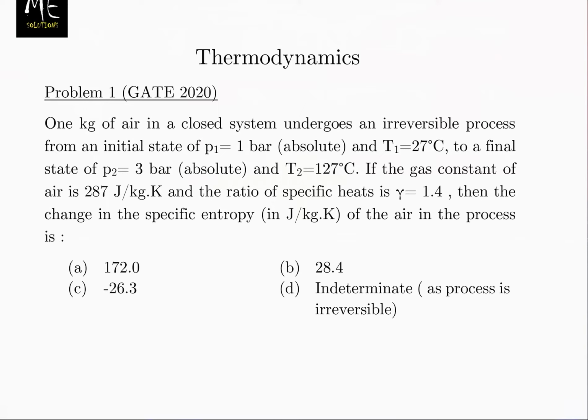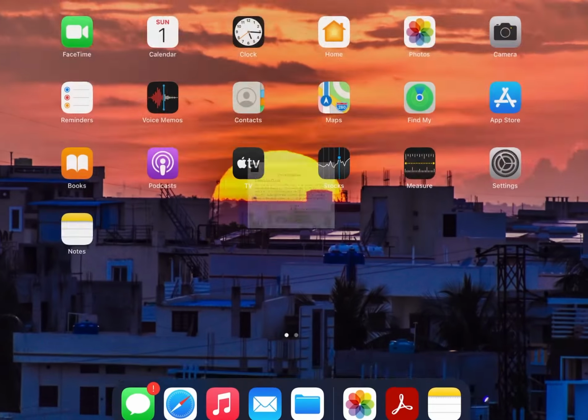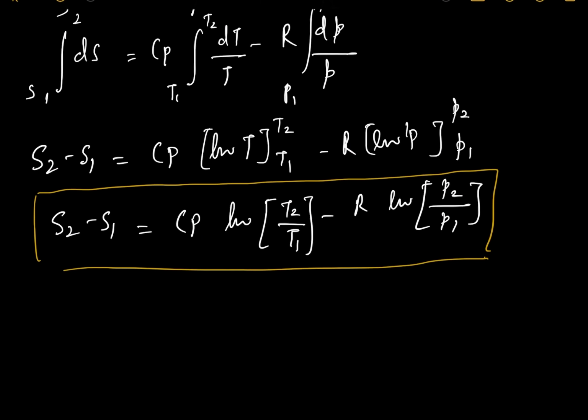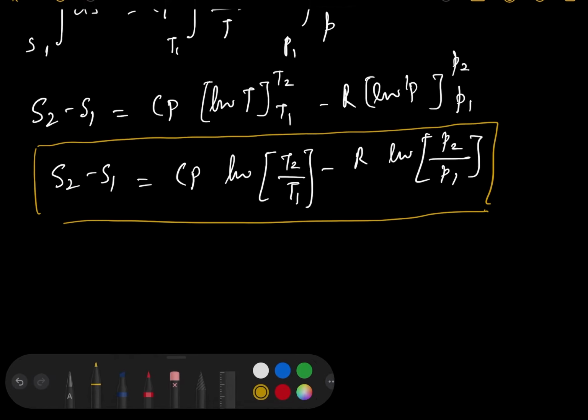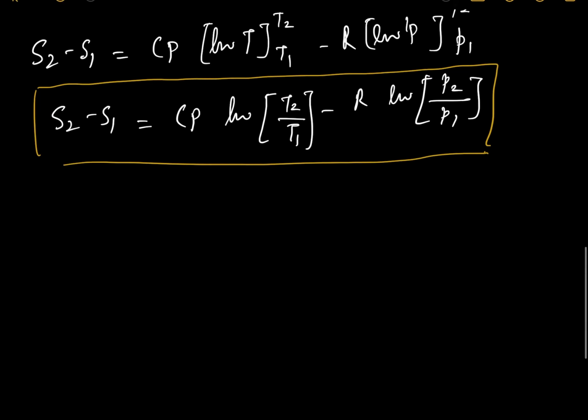So now let's look at the problem. In this problem we just have to now put the values in the equation that we have got. So we know T1, T2, we know the value of gas constant, we know gamma. What is unknown is the specific heat capacity. So we know that gamma equals Cp by Cv and Cp minus Cv equals the gas constant.